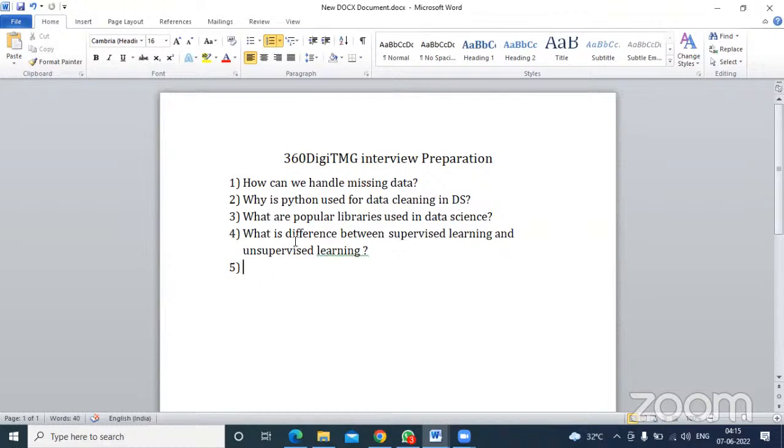Next question: what is the difference between supervised learning and unsupervised learning?